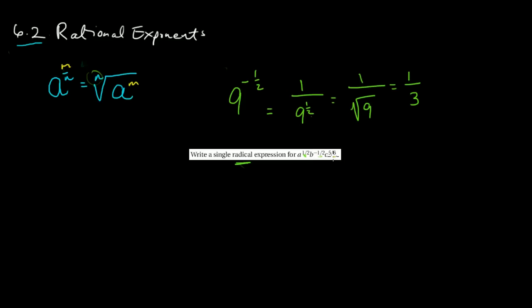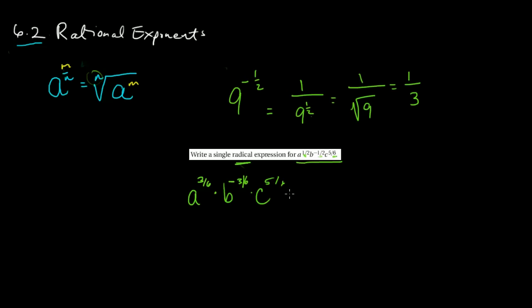And the index here, c to the 5/6, is the 6th root of c to the 5th power. So let's rewrite this whole number with everything having a 6th power. So a to the 1/2 becomes a to the 3/6 power, because 3/6 is the same as 1/2. B to the negative 1/2 would be negative 3/6 power. And c to the 5/6 would stay as c to the 5/6 power.